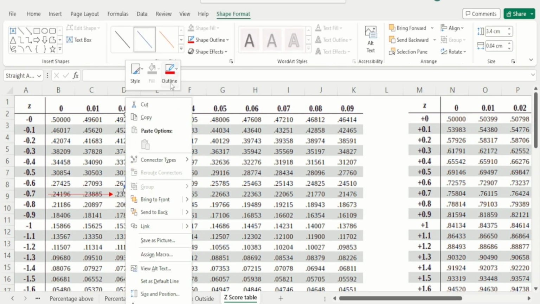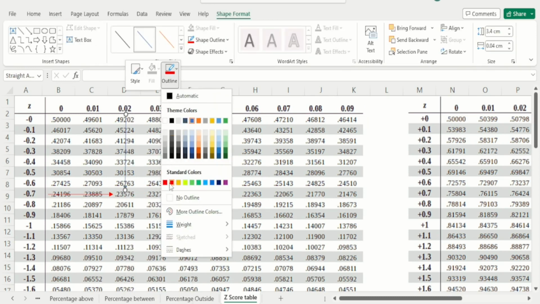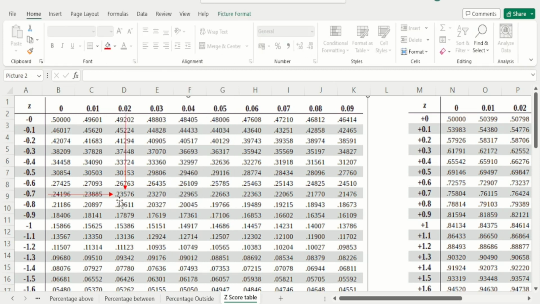So wherever the column and the row intersect, we'll get 0.23576. What this means is that 23.56% of the data lies towards the left of the z-score of minus 0.72. So that's what we've been doing so far.